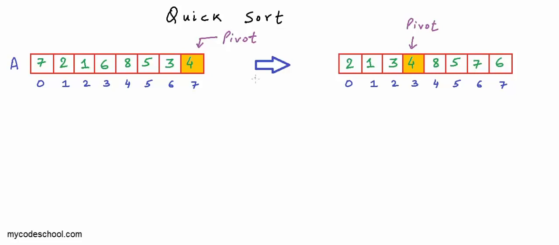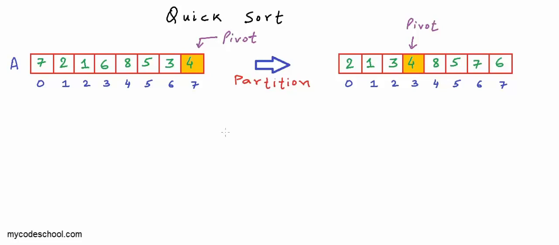Let's call this whole process partitioning of a list. So let's say partition is a process in which we select a pivot and rearrange the list such that all the elements lesser than the pivot are towards the left and all the elements greater than the pivot are towards the right.